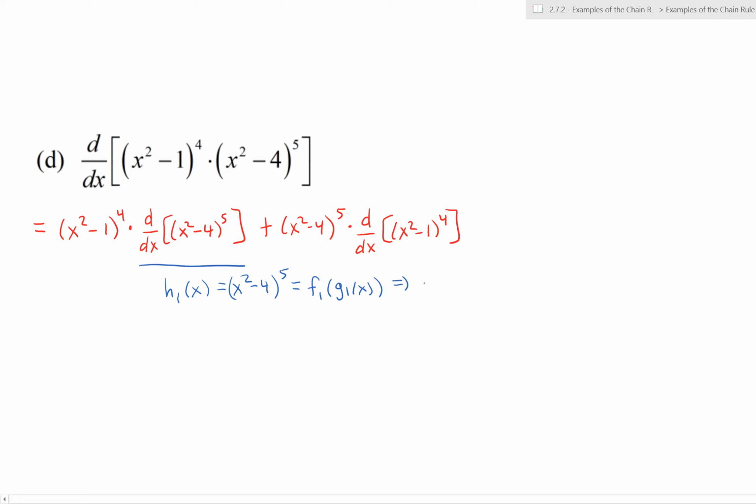So what's the inner function? g1 of x, the inner function, is going to be x squared minus 4, and the outer function f1 of x is going to be x to the 5th power.